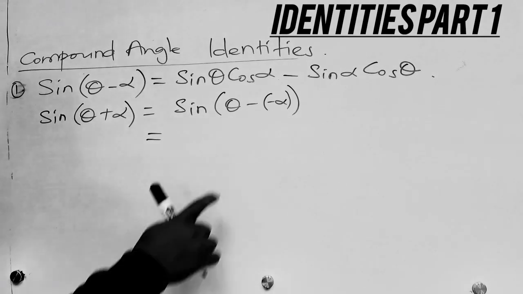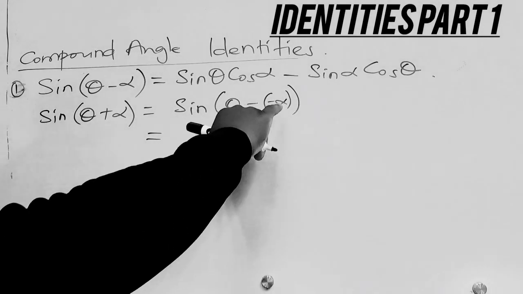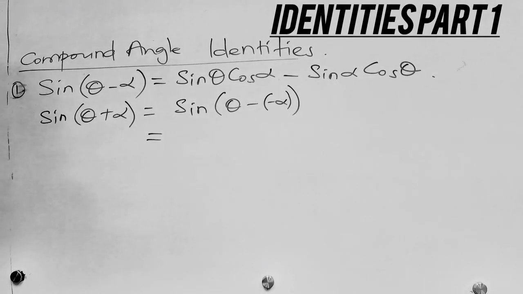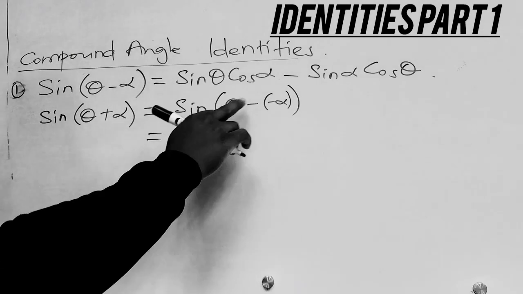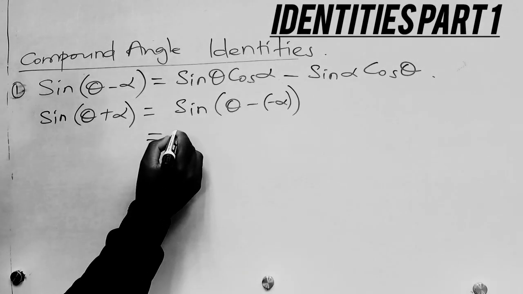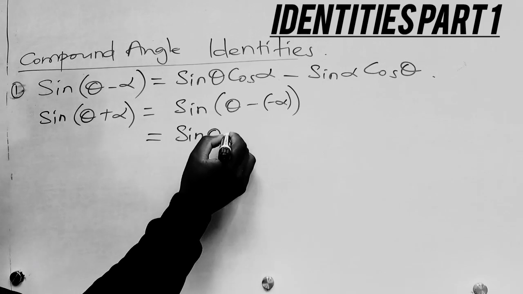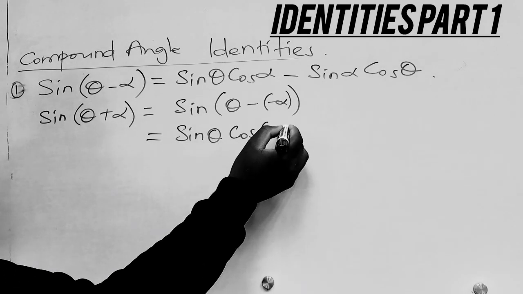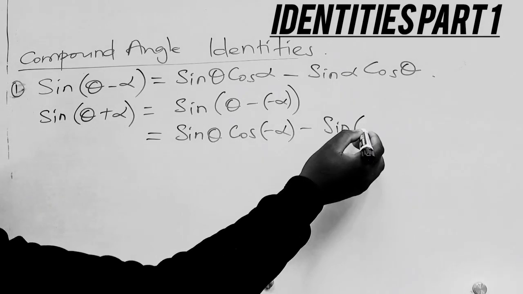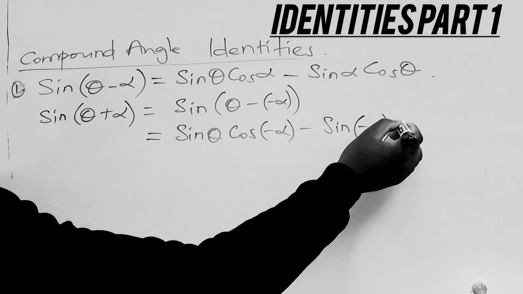So our angles are theta and minus alpha. We don't have alpha in this case, it's minus alpha. So wherever we have alpha, we substitute minus alpha. So this will be sine theta cos minus alpha minus sine minus alpha cos theta.